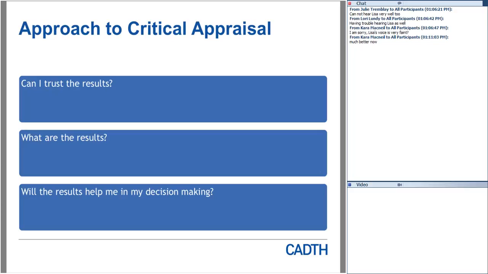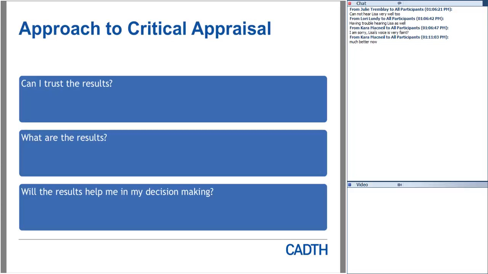Because there are no perfect studies. There are many reasons why we may not be able to trust the results. Sometimes scientists and health researchers have the best of intentions, but there are limitations to what they've been able to do.